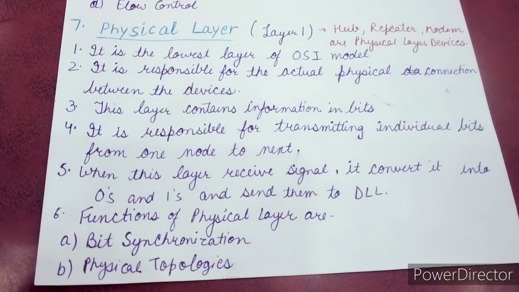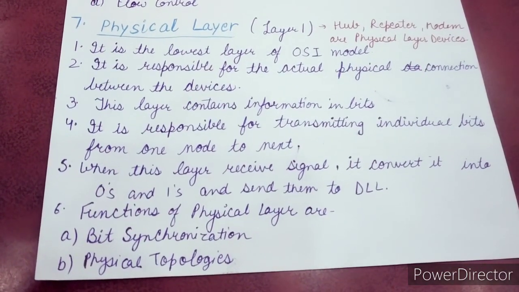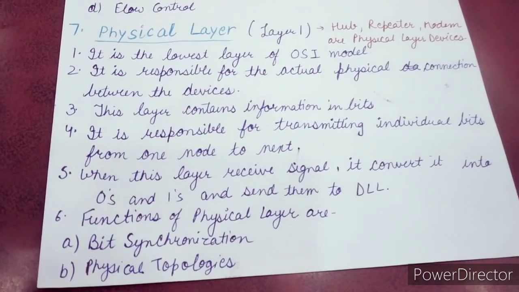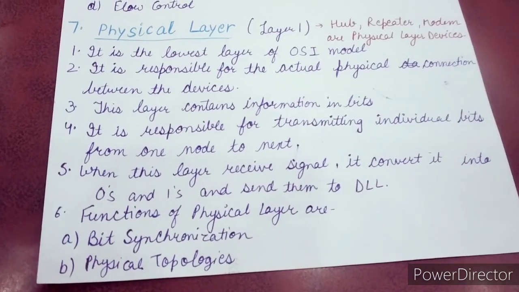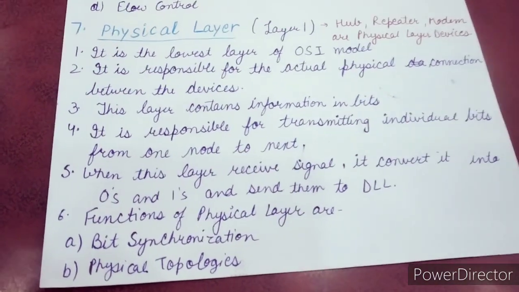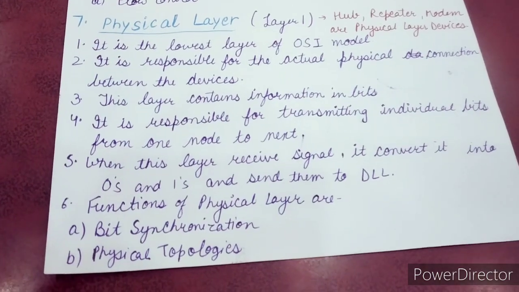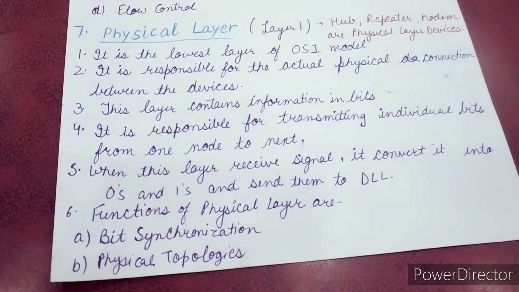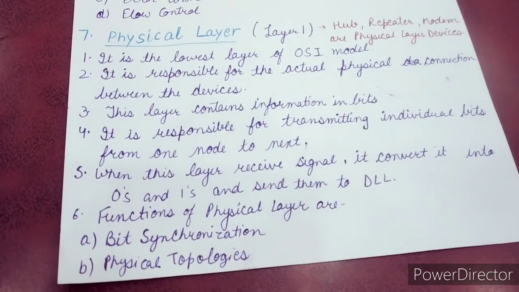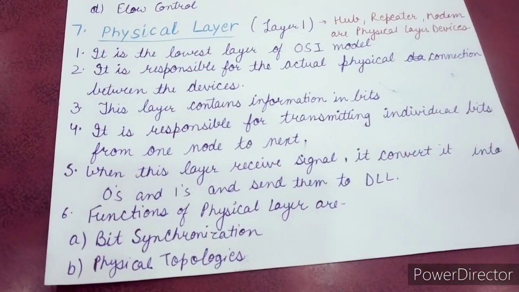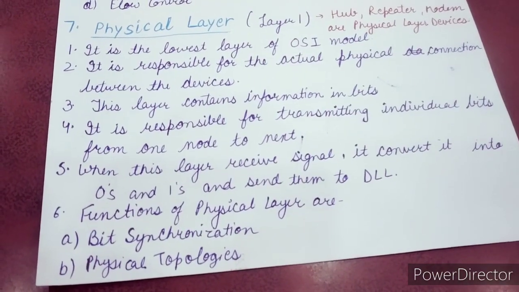It is responsible for transmitting individual bits from one node to the next. When the physical layer receives a signal, it converts it into zeros and ones and sends them to the data link layer. The main functions of the physical layer are bit synchronization and physical topologies.